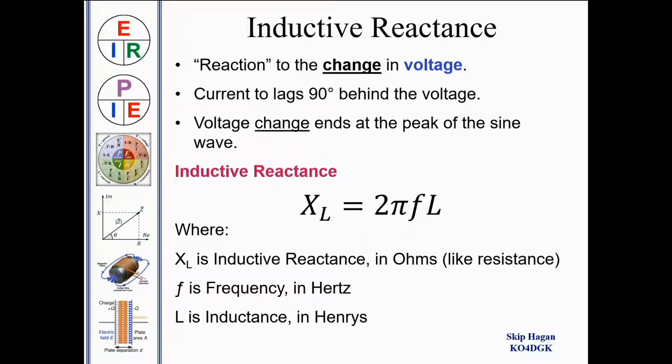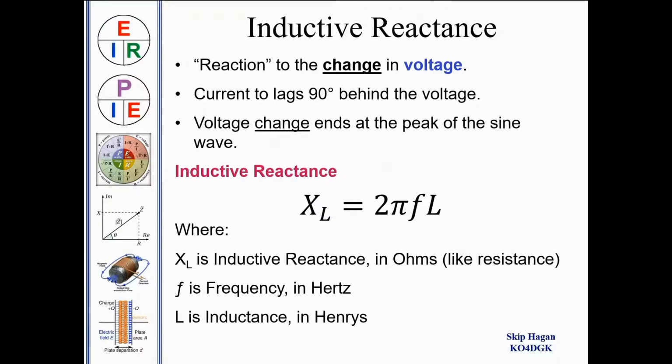As the voltage change ends, when we've rotated 90 degrees, the voltage goes from 0 to a peak value. And once it reaches that peak and starts to come back down again, the voltage decreases and allows current to flow.